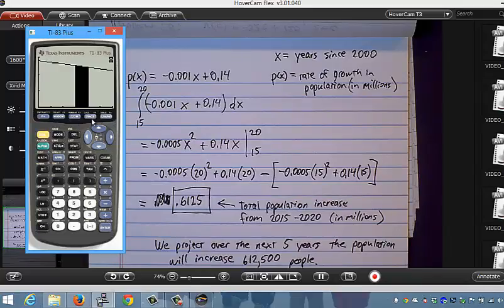So I could just do second calculate, the integral from 0 to 15. Boom. 1.98 million. So over the last 15 years, there have been almost 2 million people added to the state of Georgia, according to the U.S. Census Bureau. That's pretty cool.